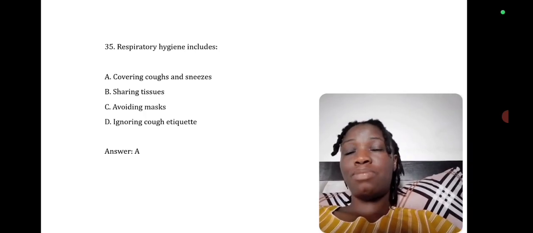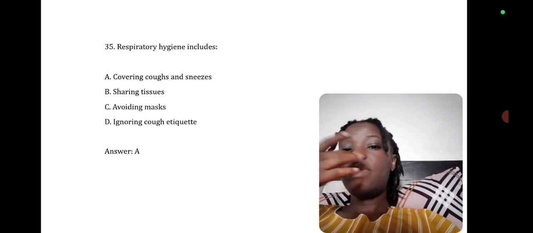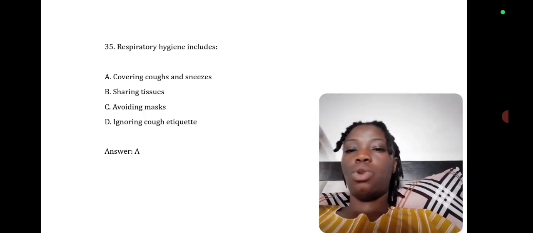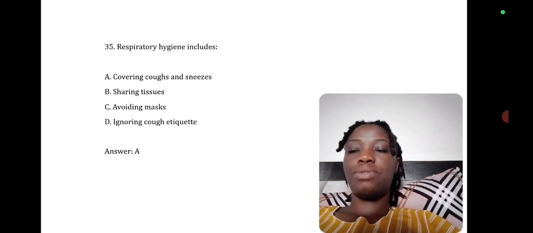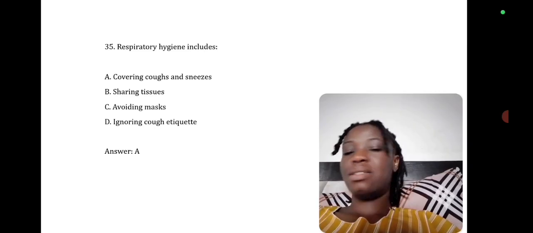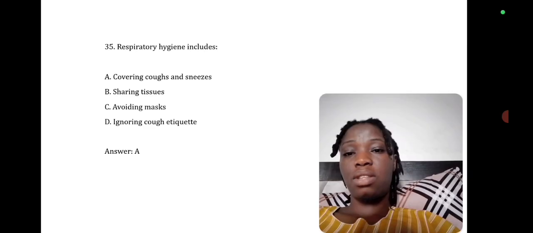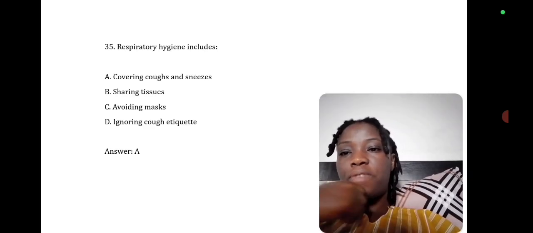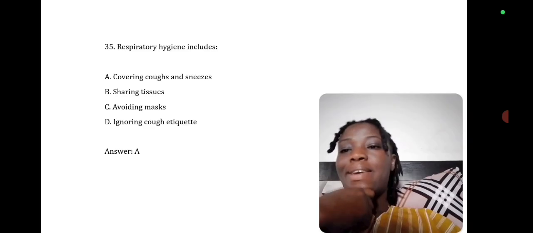35. Respiratory hygiene. When they say respiratory hygiene, talking about anything that has to do with your lungs, your nose, that's respiratory. Respiratory hygiene says covering cough and sneezes. That is it. B, sharing tissues. No, sharing tissues does not have anything to do with respiratory. Avoiding masks, ignoring cough ethics.